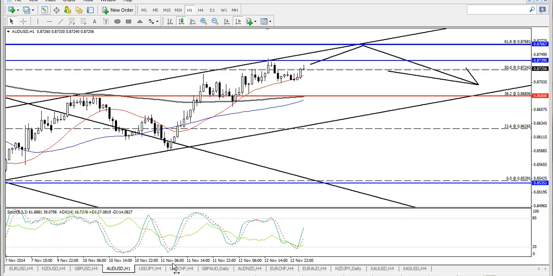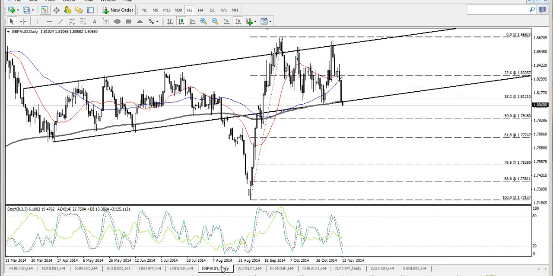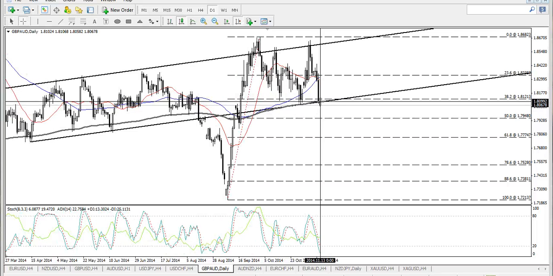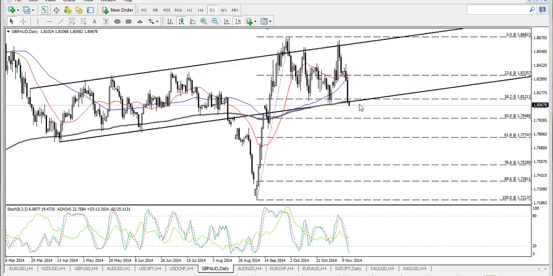Alright, next I want to touch on the pound against the Australian dollar. We can see that price has slumped a lot. First, the Aussie has been gaining a little bit further, and of course the Bank of England cut their growth forecast and therefore price slumped. But right now it has touched the bottom of a rising trend channel over here.